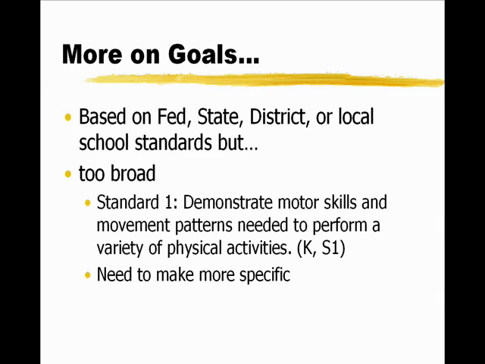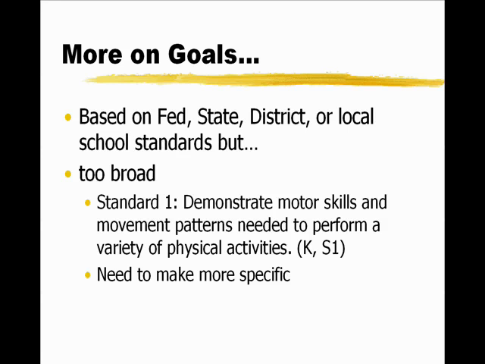They're going to be based on the federal, state, district, or local standards, just like we talked about in Chapter 2, that we have to have a standards-based education. In our area, we're typically going to use the NASB standards, but the standards typically are really too broad for program goals.